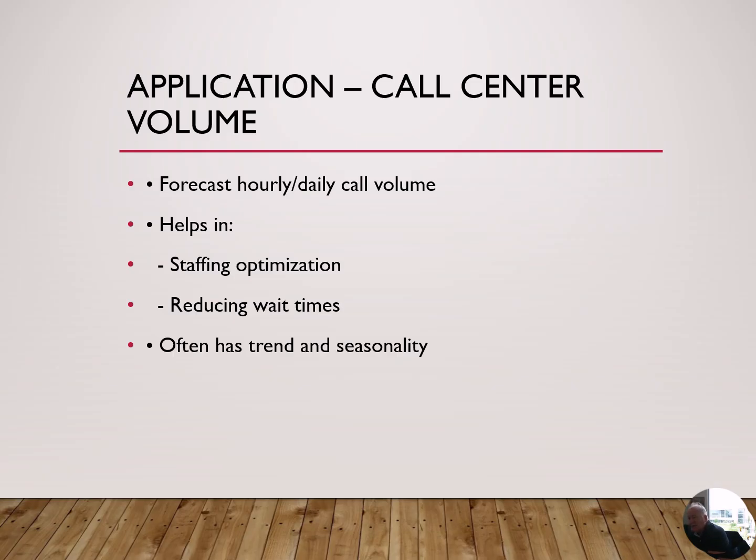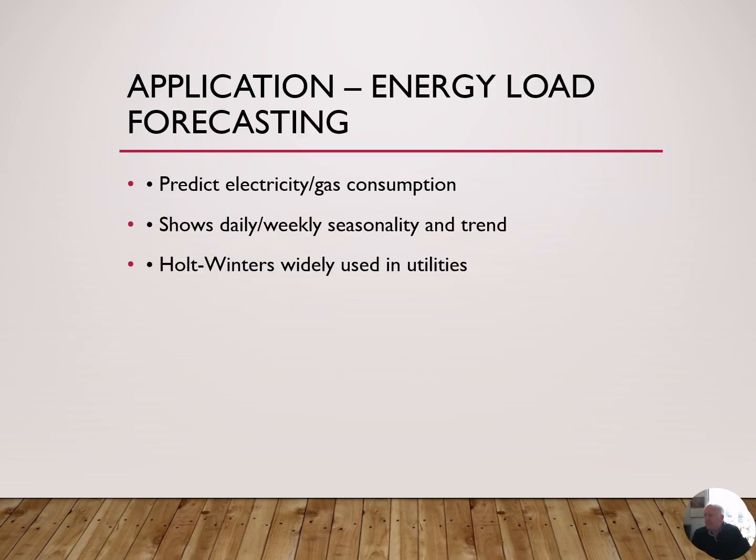It'll be helpful in staffing optimization and reducing wait times, and often has trends and seasonality. Another application is energy load forecasting. So predict electricity and gas consumption, which shows daily and weekly seasonality and trends. And Holt-Winters is widely used in utilities.